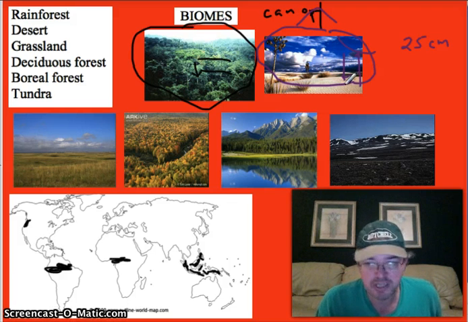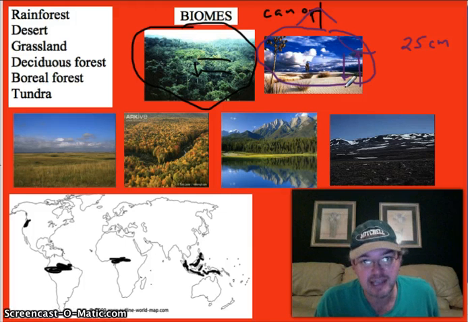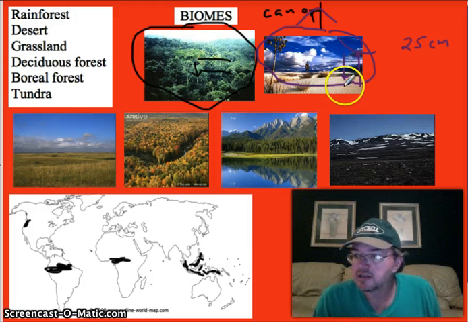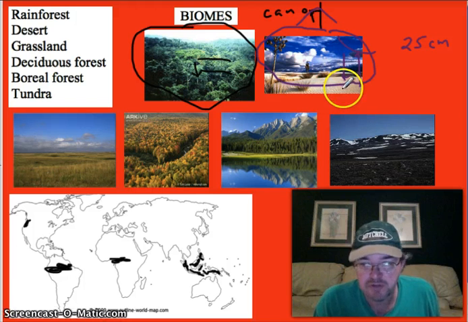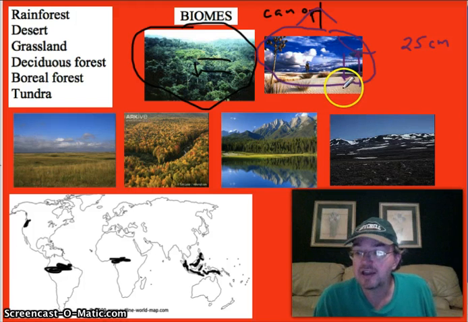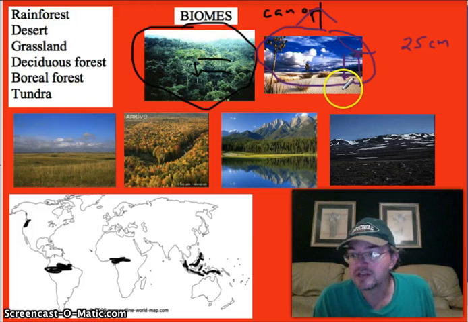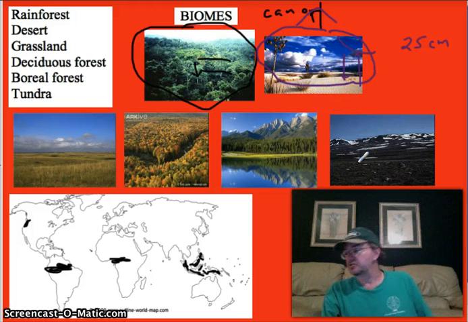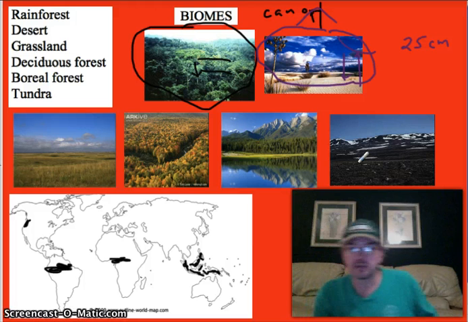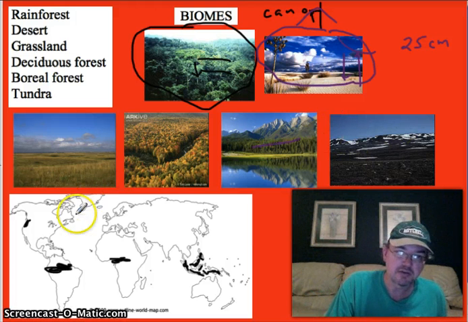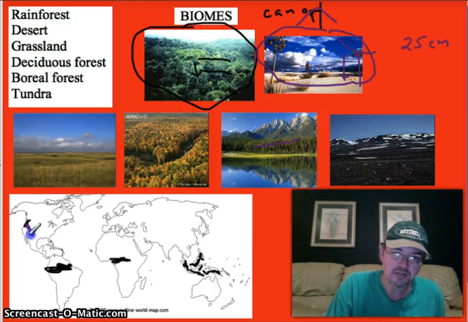There are extreme temperature changes from day to night. Animals and plants are very few, and the ones that are there have to adapt to the temperatures and the lack of water. Let's use the big map and see where deserts are located. We do have some deserts here in the United States, in the southwestern area.